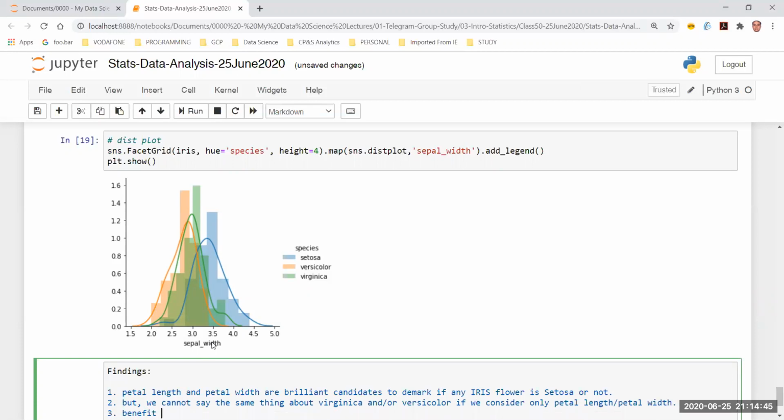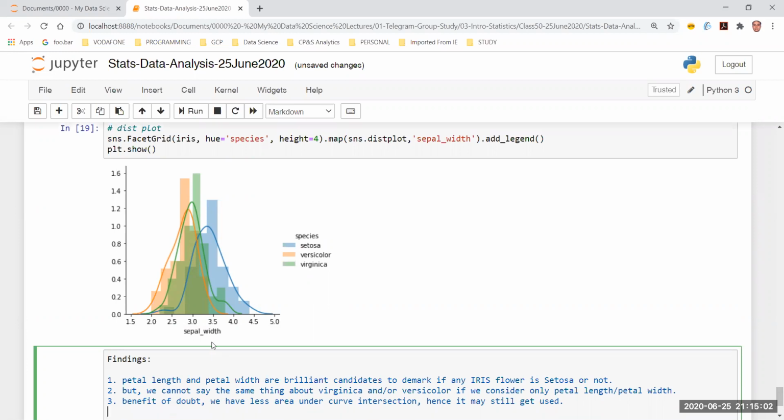Benefit of doubt, we have less area under curve or intersection. Hence, it may still get used.